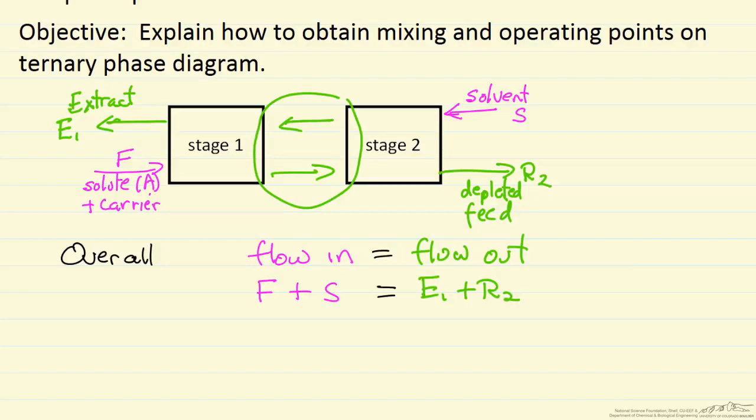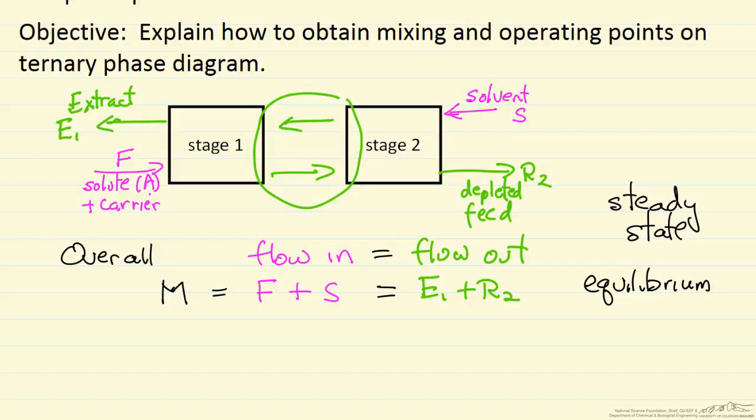An important thing to keep in mind, looking at this extraction system, is that it is at steady state, with equilibrium in each stage. So in each stage, the phases are in equilibrium leaving. So the total flow is what we're going to use. We're going to indicate this now as M, and that's what we're going to identify on our ternary phase diagram.